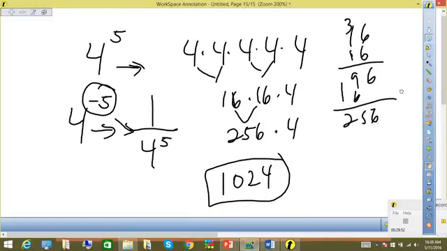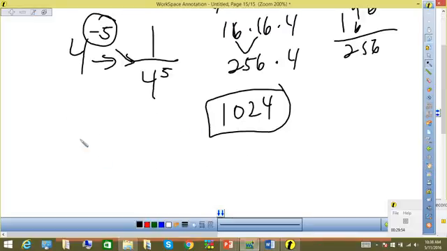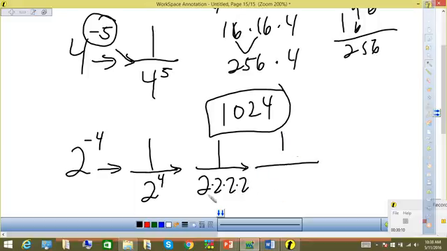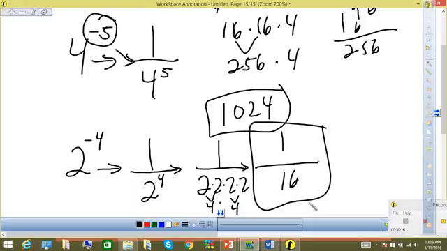All right, so let me show you another one. 2 to the negative 4. This is the same as what? 1 over 2 to the positive 4. And of course, this is 2 times 2 times 2 times 2, so 1 over 16. Are we there so far?